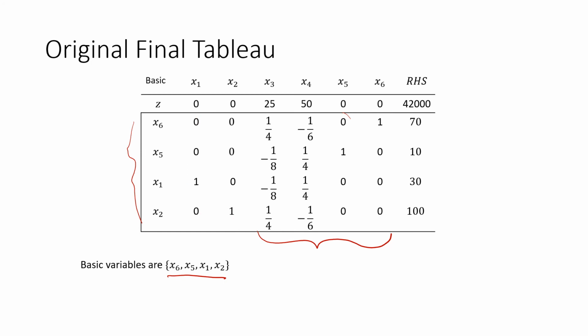Those are our basic variables. x3 and x4 are our non-basic variables. Remember the correspondences that I talked about? x3 corresponds to y1, x4 to y2, then y3, y4. x1 corresponded to y5, and x2 corresponded to y6. We're just going to keep that in mind. It's not going to be a big thing, but it helps to keep things clear sometimes.